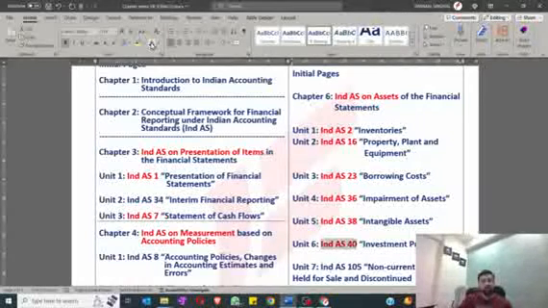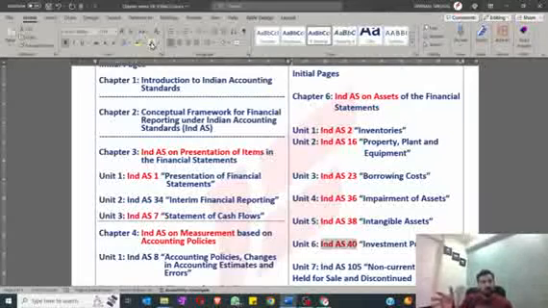To give you a brief idea about investment property, firstly, obviously, it won't fall under the ambit of Ind-AS 16, property, plant and equipment, nor will it fall in intangible assets.